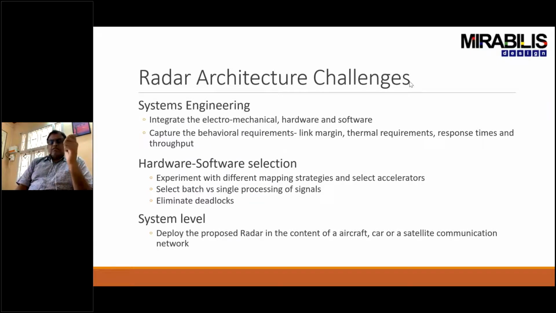One of the key things that a system model allows you to do is eliminate deadlocks. So what that means is downstream, there's certain tasks that cannot start until a set of input tasks have reached them.